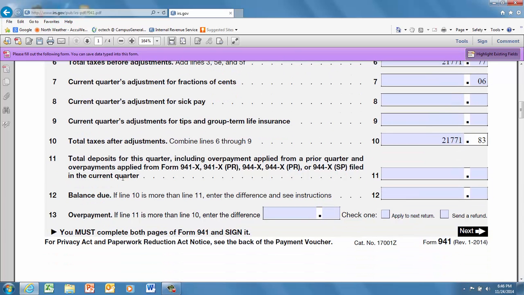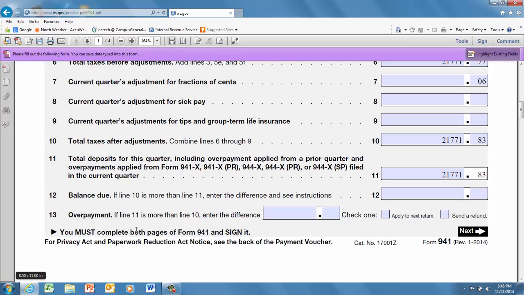Line 11, total deposits for this quarter. So we deposited 21,771 and 83 cents. Okay, and now if we did not deposit enough, then we would put how much extra we owe in line 12, balance due.